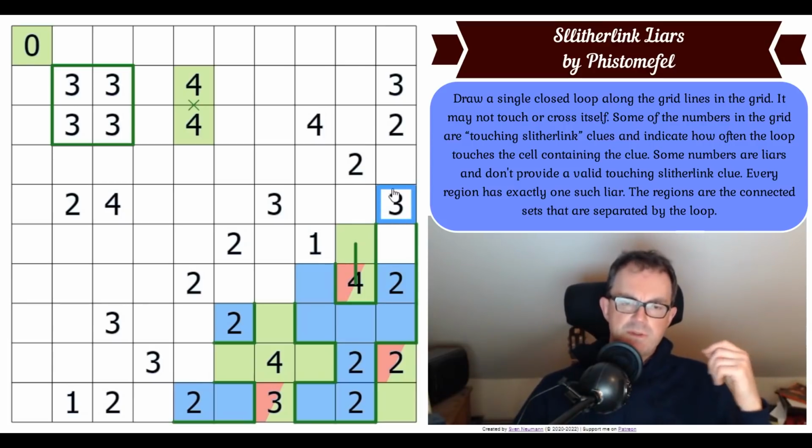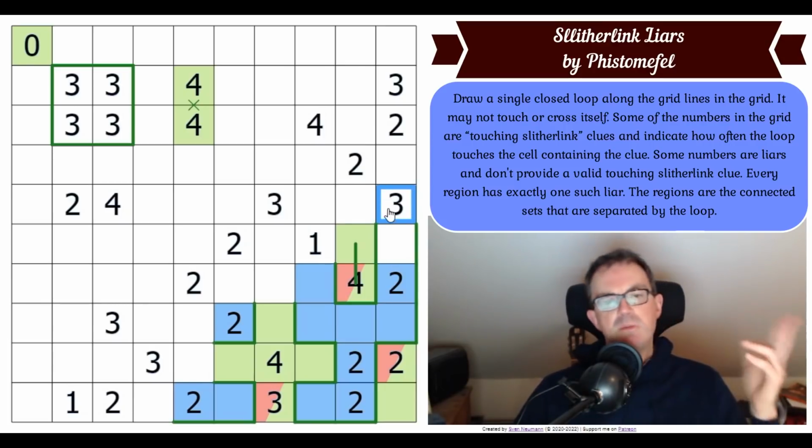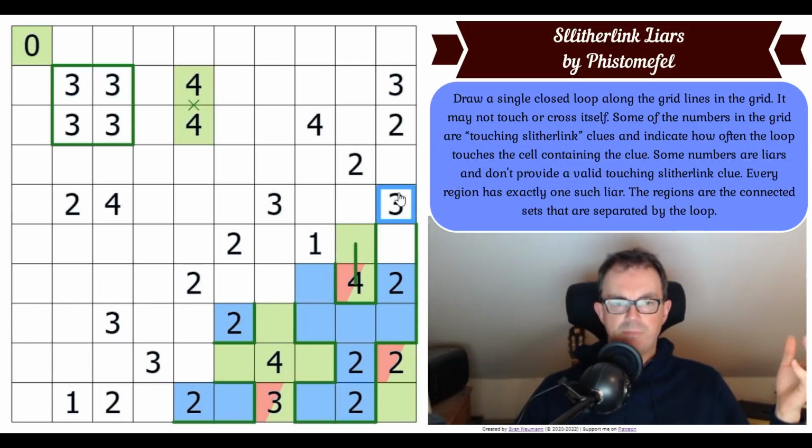Now, if this was green, we know we can't have a 3 that's green on the... That doesn't work. This has to be blue. And it has to be blue because if this is green on the boundary, it's a lying clue. But in being lying, it's connected to this clue, and there's 2 lyings in the same region. So this would have to be a blue clue.